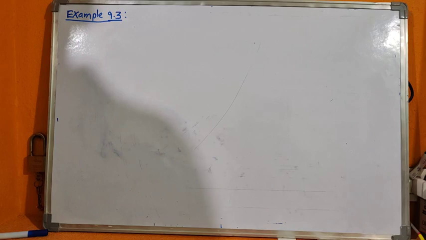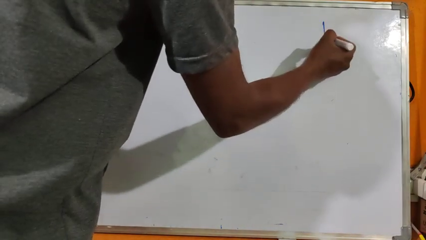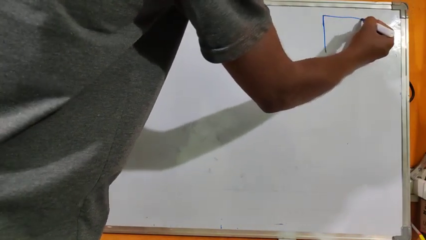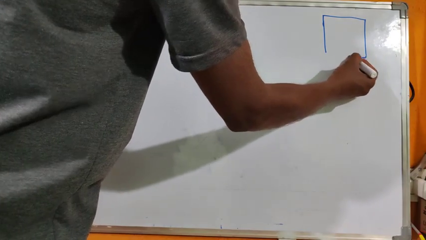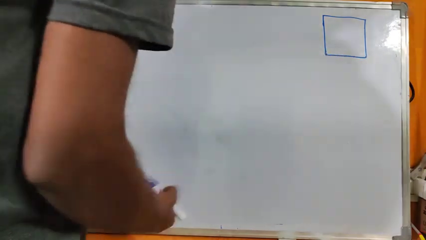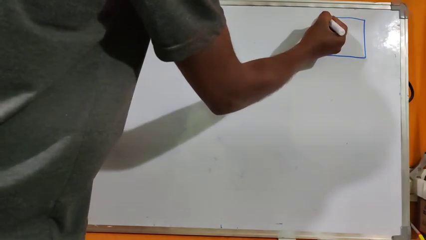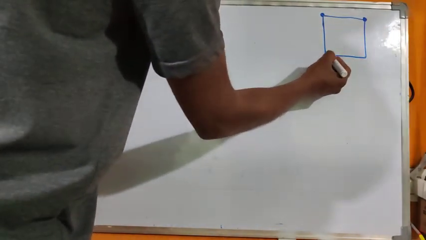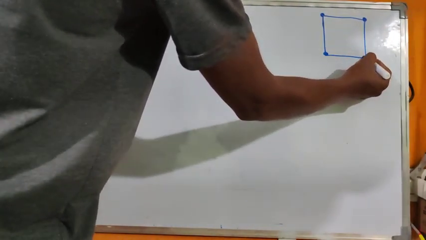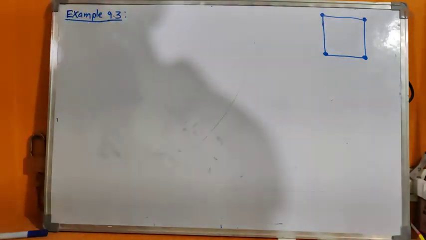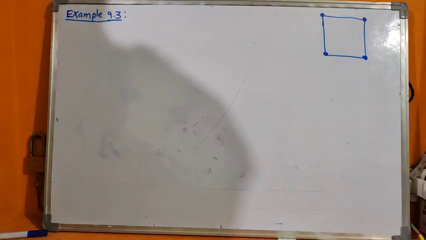Okay, so here one square is given. This is a square. At the four vertices of the square, we are keeping particles.